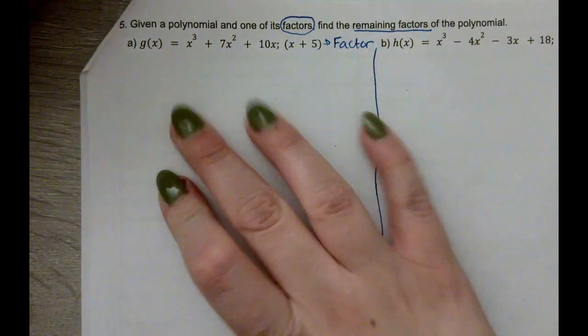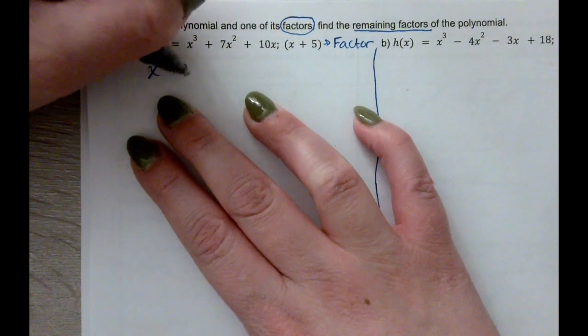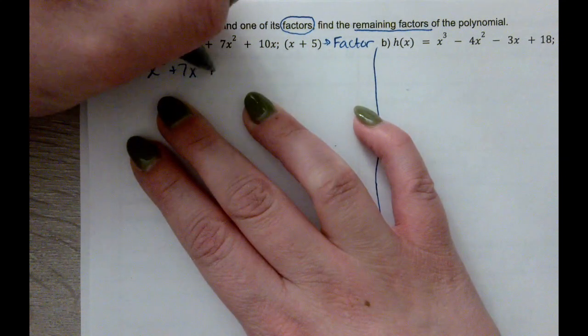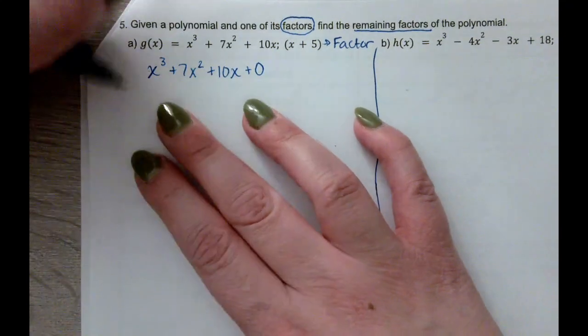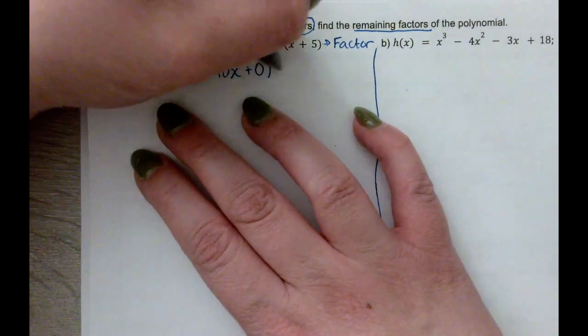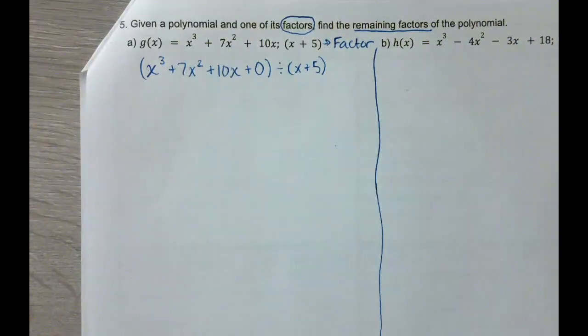So I'm going to rewrite this: x cubed plus 7x squared plus 10x plus 0, because we are missing that constant, and we're dividing by x plus 5. Now I've accounted for everything, I can jump into the synthetic division process.